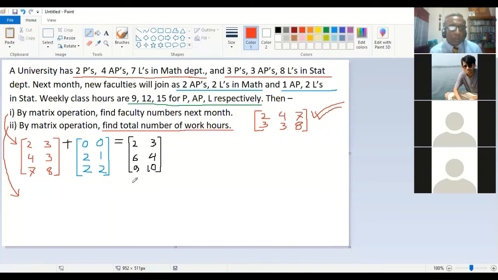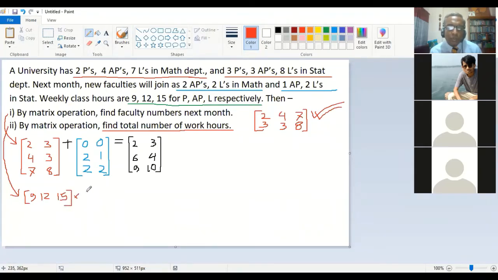So what we do, we will do the multiplication here, and we will make another matrix for the number of hours: 9, then 12, and then 15. These are the number of hours of classes per week taken by professor, assistant professor, and lecturer.